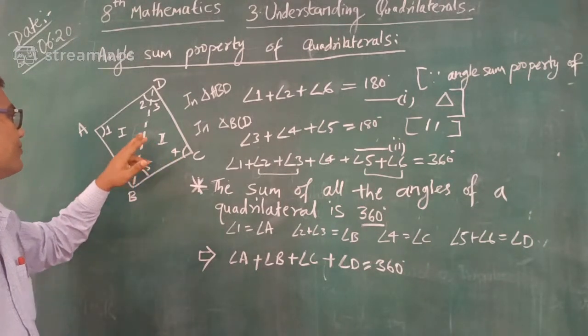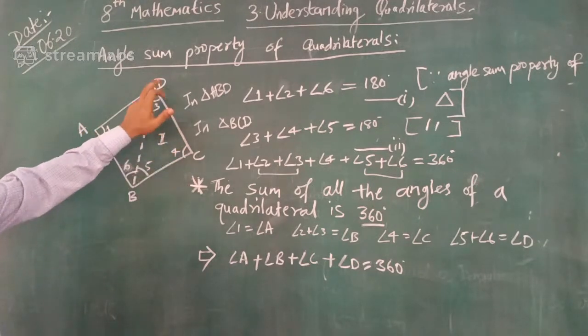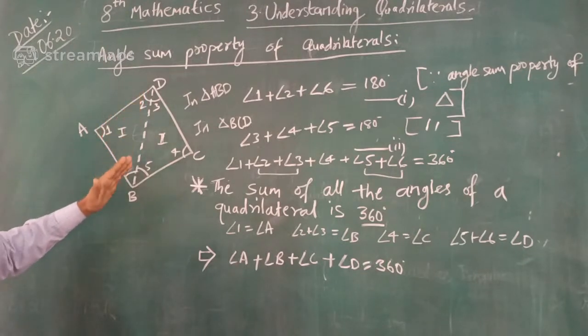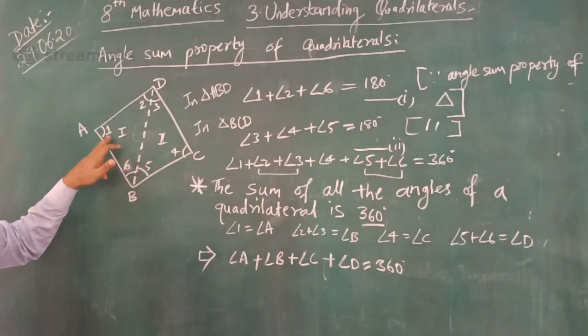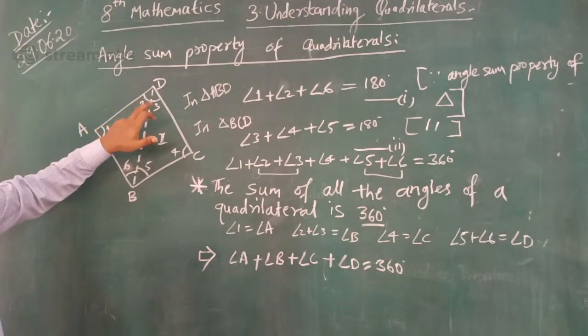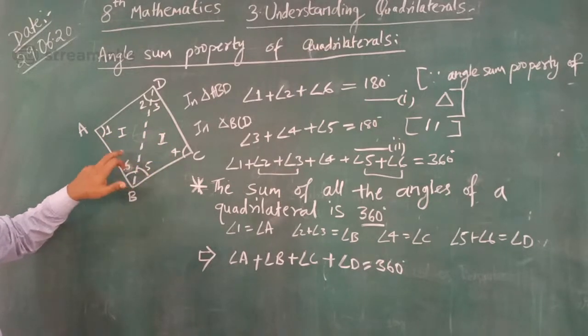Okay, so first we took a quadrilateral ABCD and we divided it into two triangles by drawing a diagonal and marked the angles as angle 1, angle 2, angle 3, angle 4, angle 5 and angle 6.